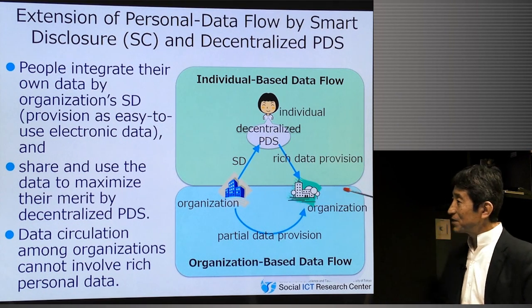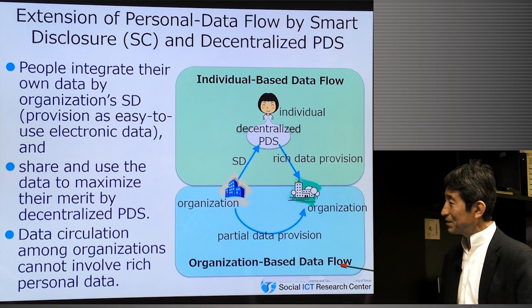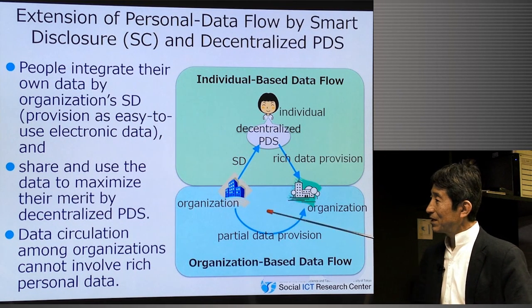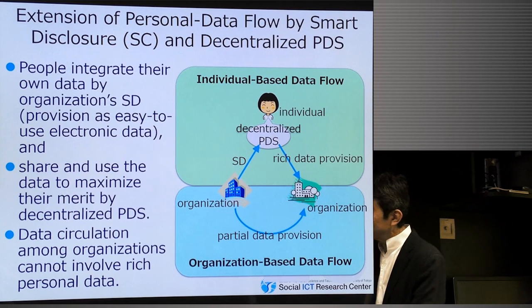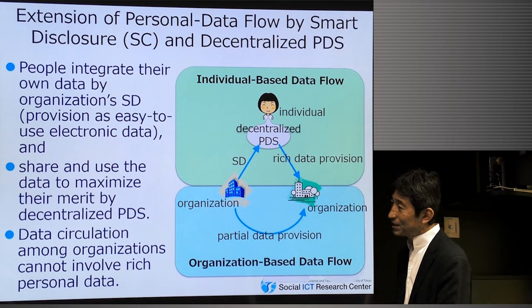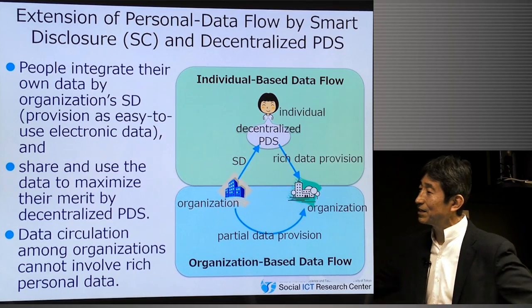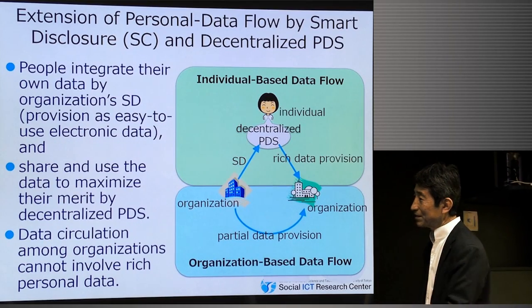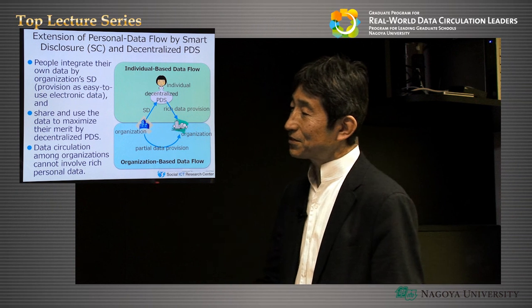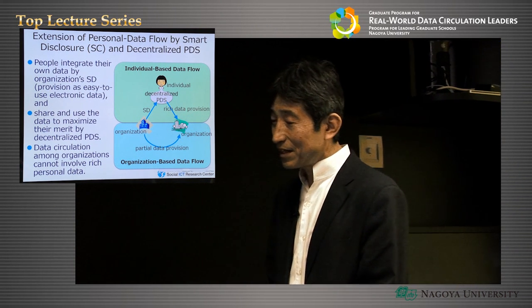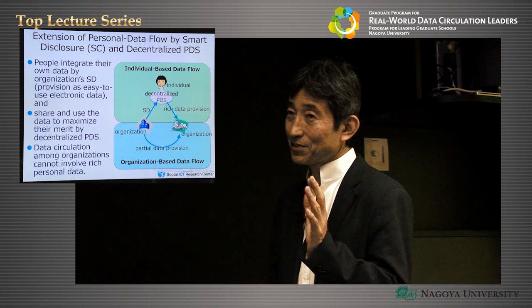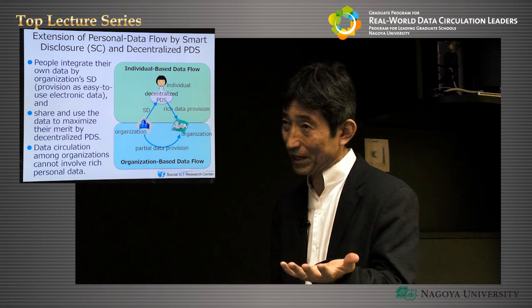Right? The traditional way of personal data flow among organizations or vendors was limited in terms of the quality and the detailedness and the coverage of the data. Because each organization basically has the kind of data which is associated with the service they provide.